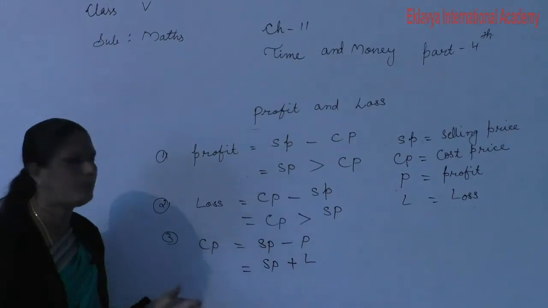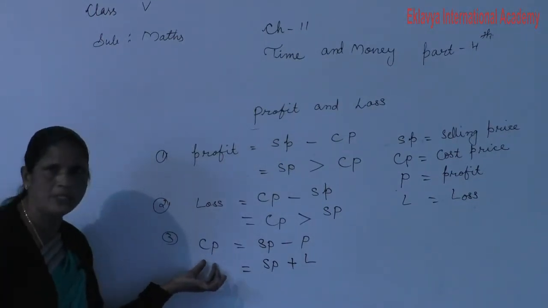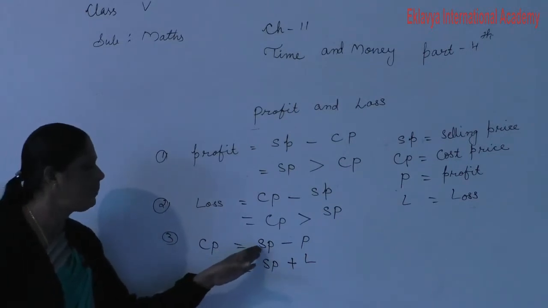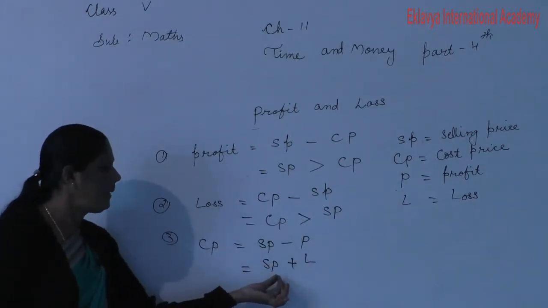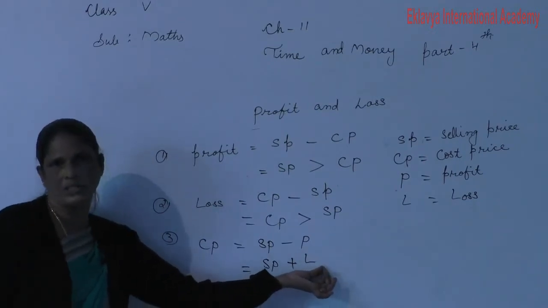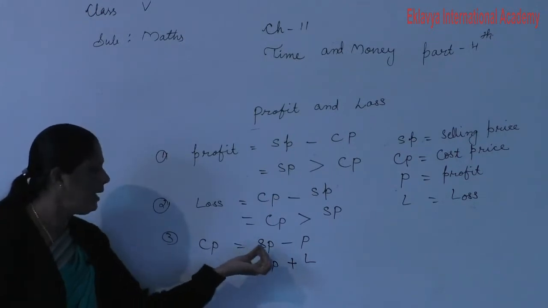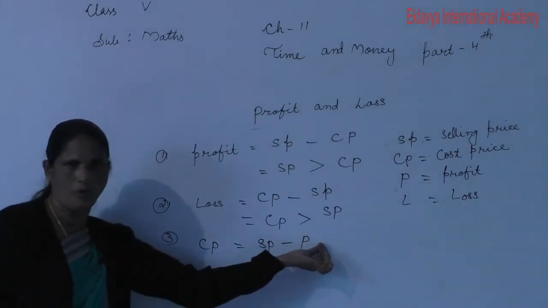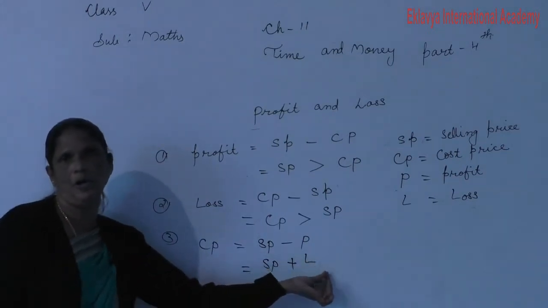There are two formulas to find the cost price. CP is equal to SP minus profit, or SP plus loss.